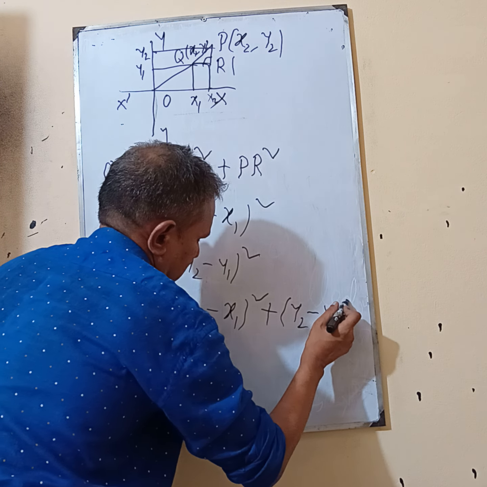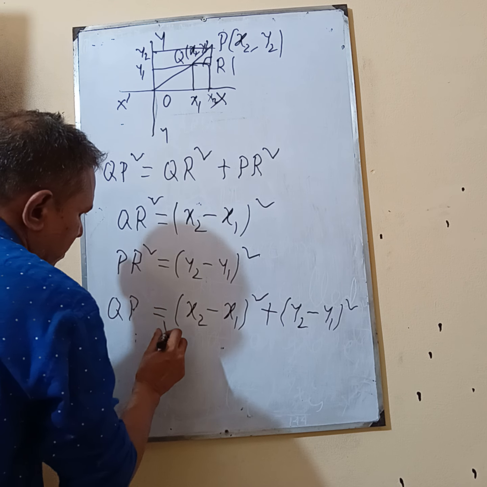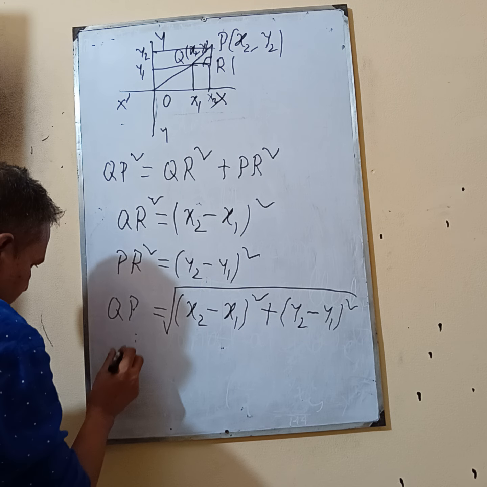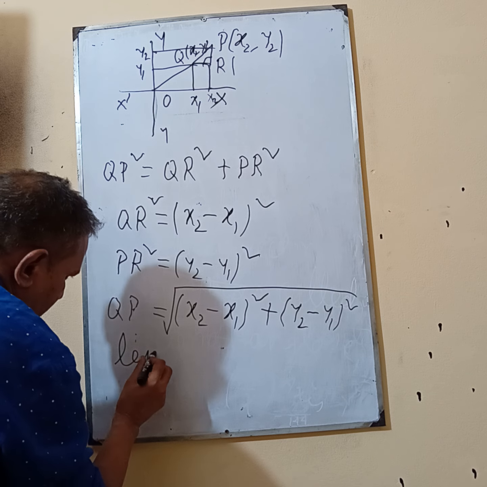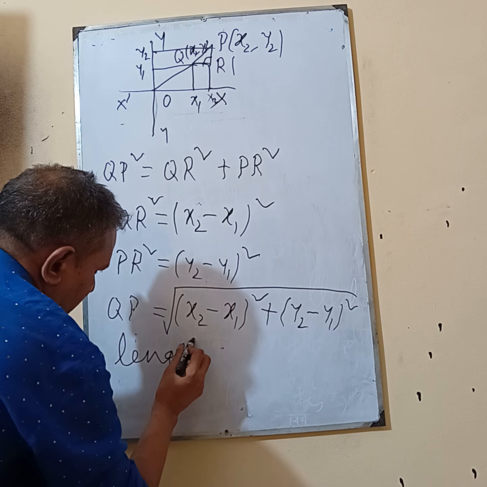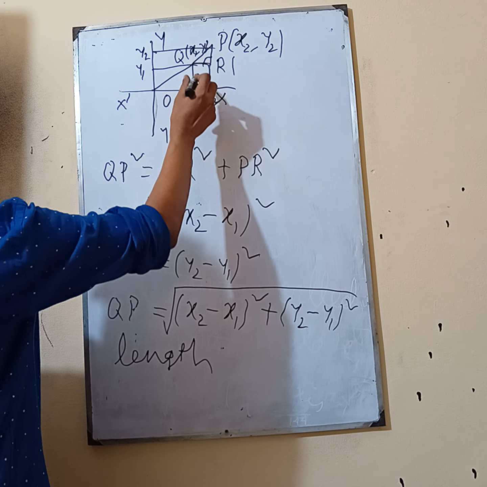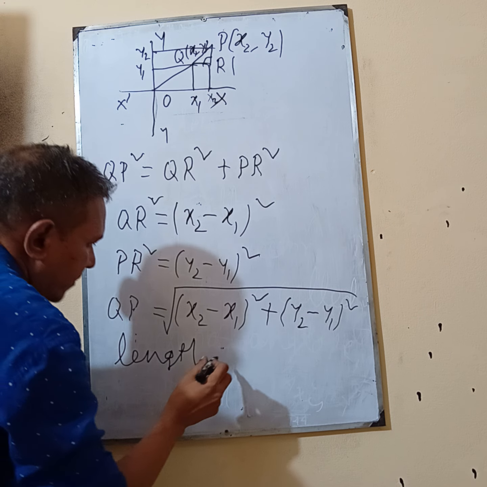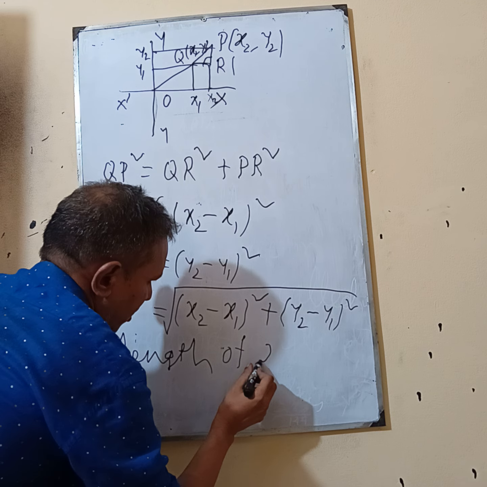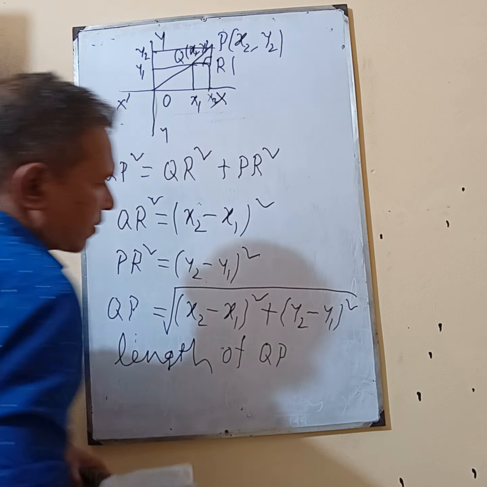So QP is the root of that, the length of QP. QP is a straight line.